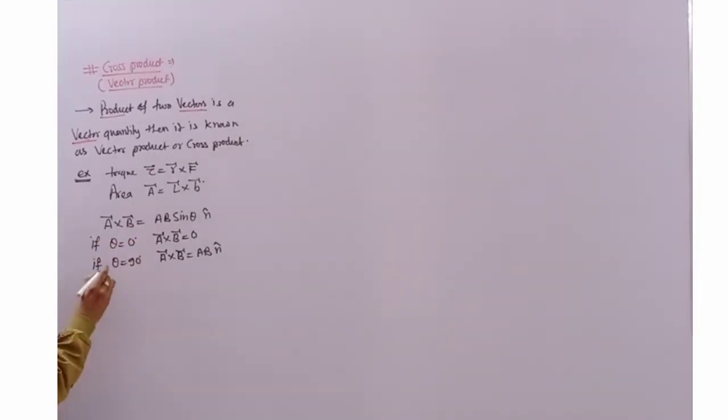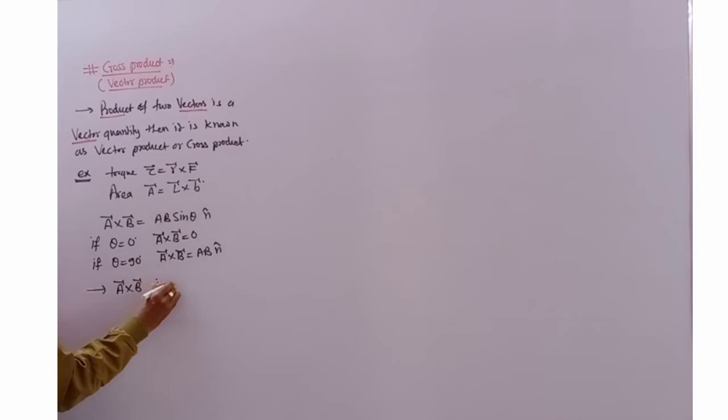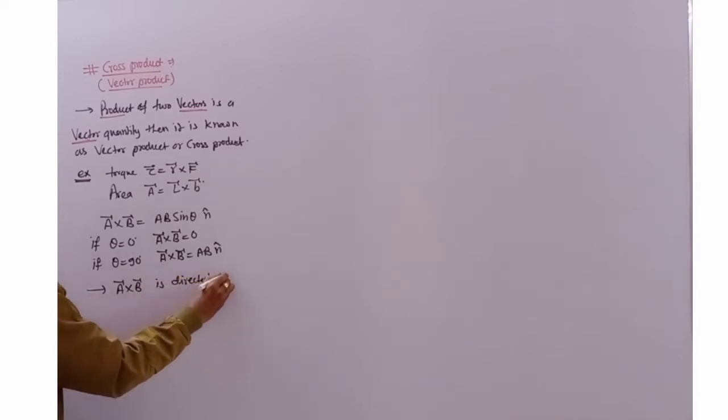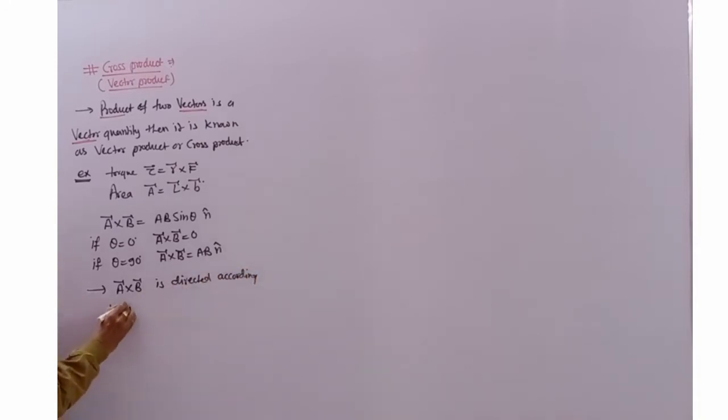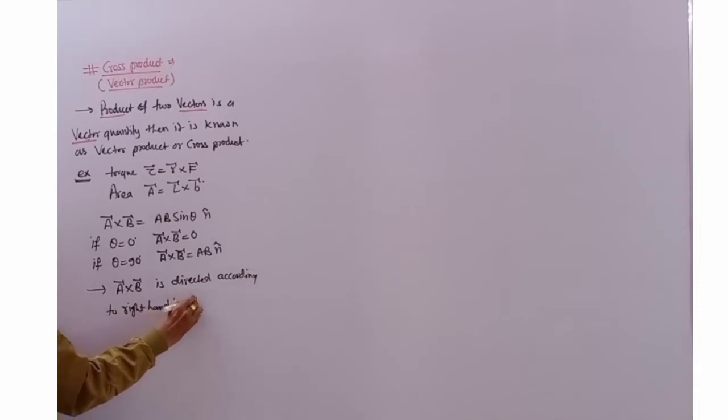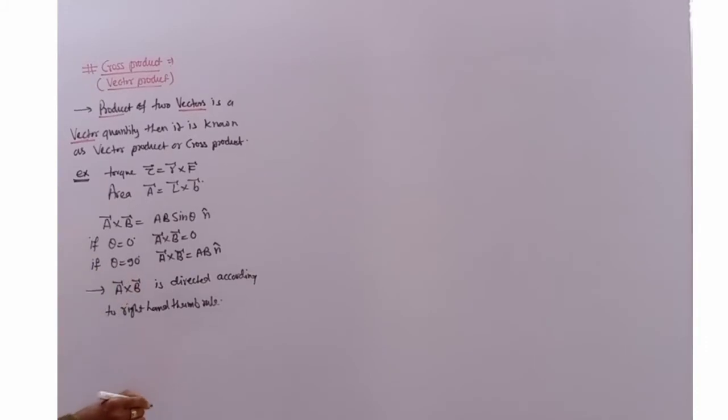Now, what about the direction of A cross B? It is directed according to the right hand thumb rule. Its direction can be shown according to the right hand thumb rule.